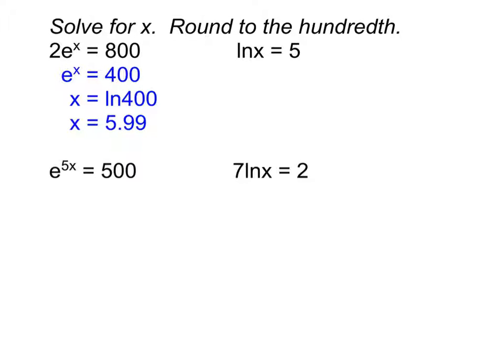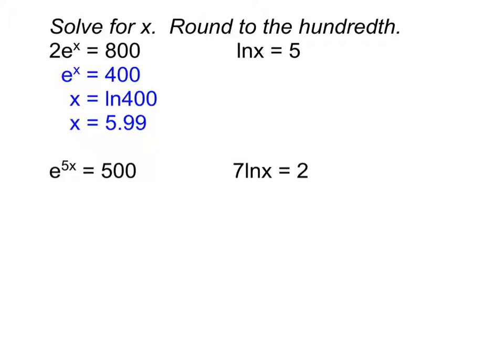To make sure you get the right number, you should be getting an answer of about 5.99. Usually the ln button is close to log, and you will probably also find it very close to the e to the x button you were just using, because they're very closely related. e to the x and ln of x are inverses of each other.